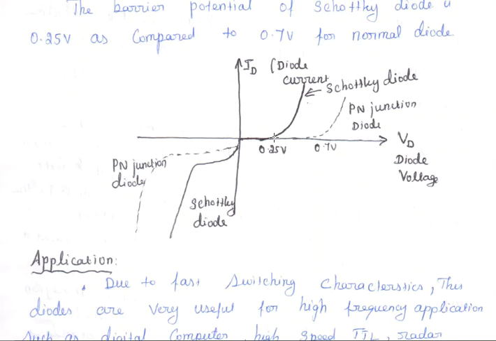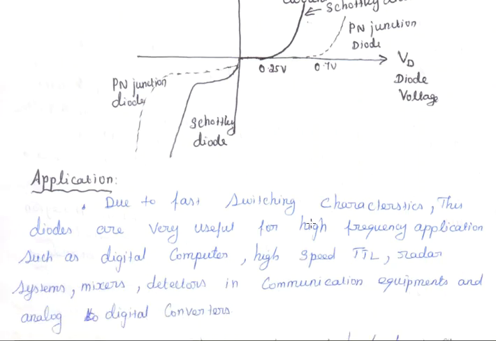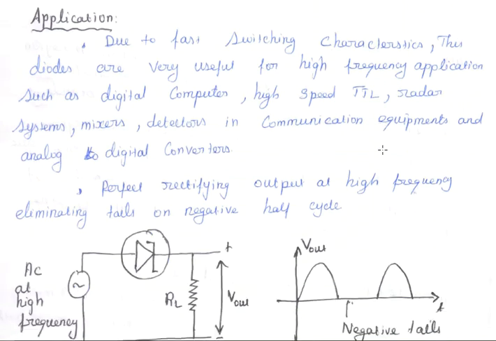So Schottky diode is switched on very fast when compared to the PN junction diode. Similarly, in reverse bias condition also, Schottky diode is switched very fast when compared to the conventional PN junction diode. Then we are going to discuss about application of Schottky diode.